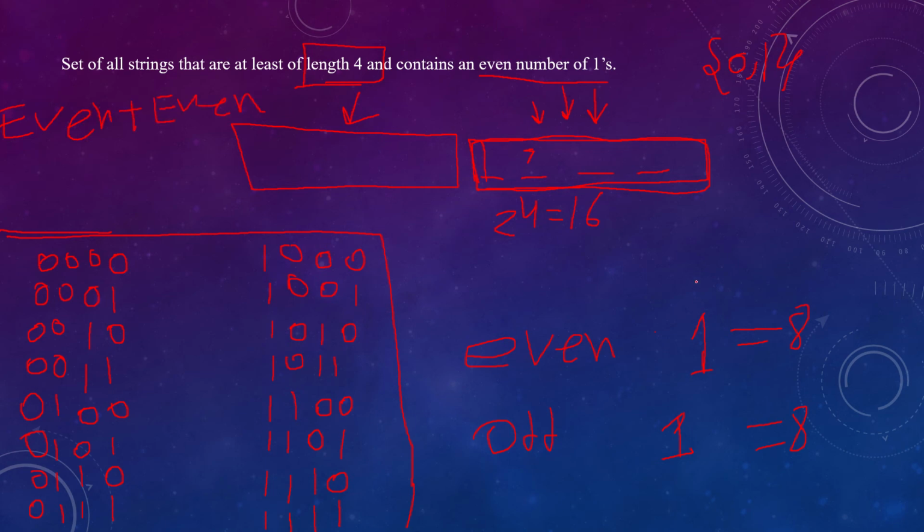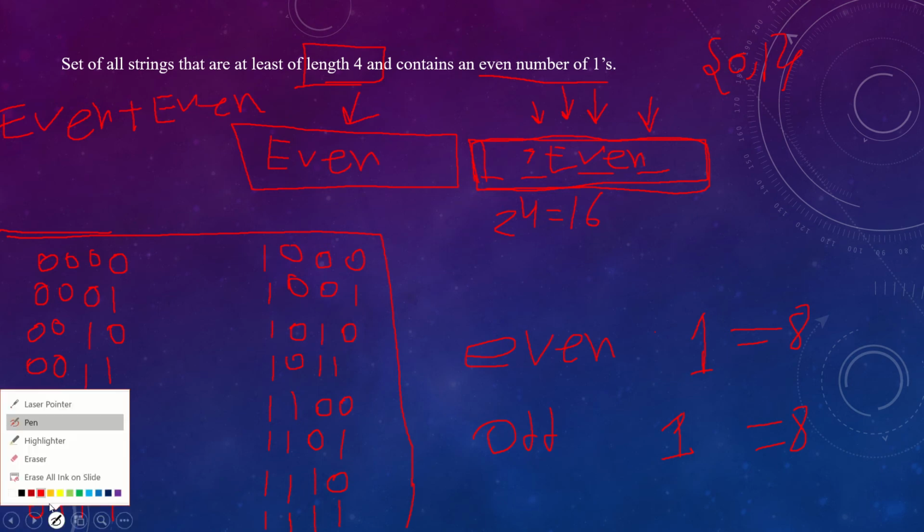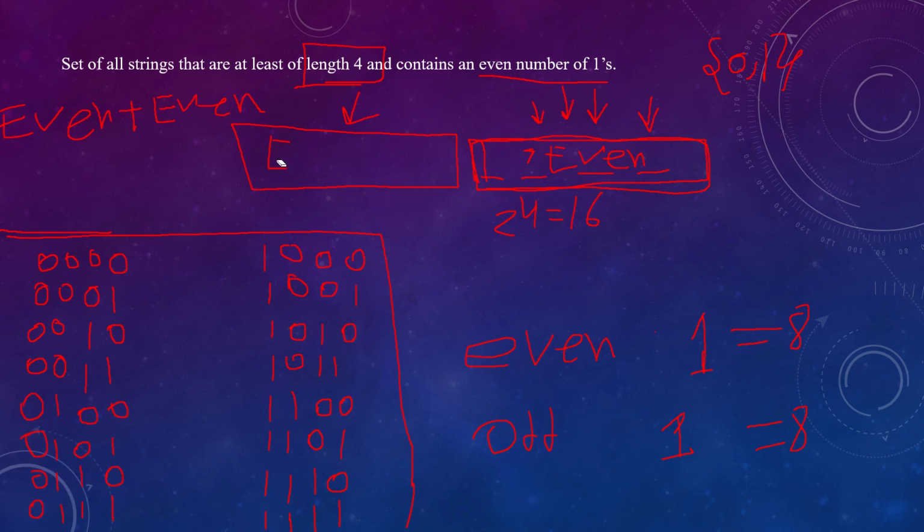So if this part has an even number of 1s, then this part must have an even number of 1s too, and similarly if this part has an odd number of 1s, then the other part must have an odd number of 1s too.